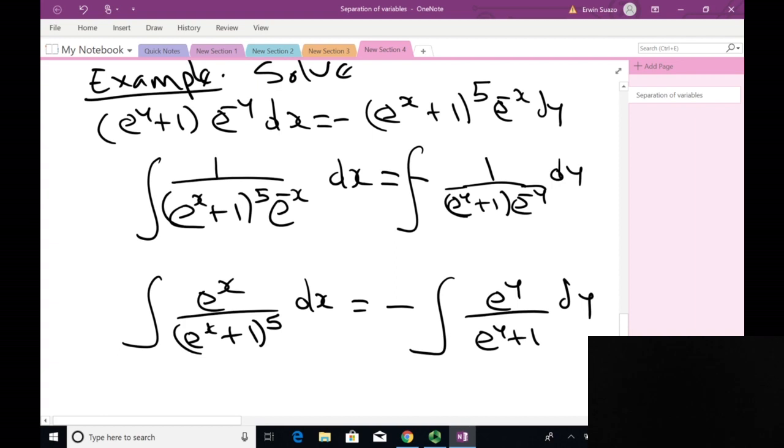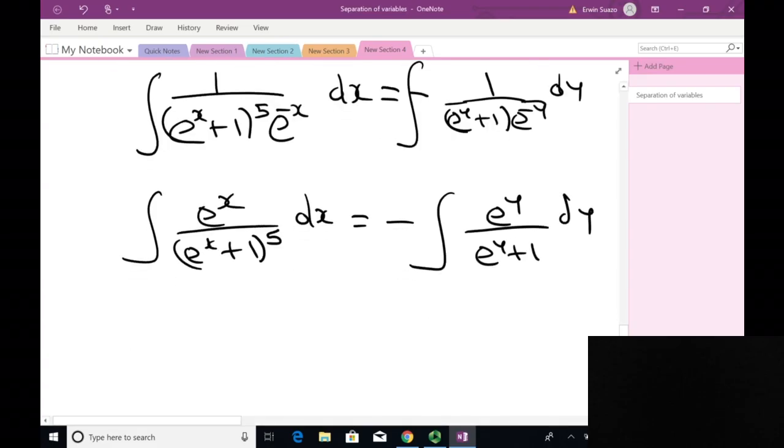And then this one, that one doesn't have a power, right? So let's say we do u equals e^x + 1 by substitution. We're going to solve this integral by substitution. So on this side, then du equals e^x dx, right? Remember?